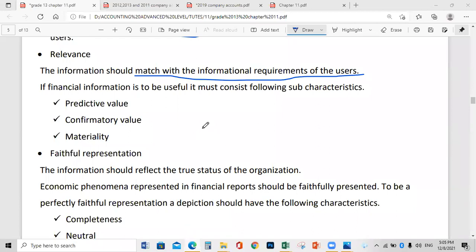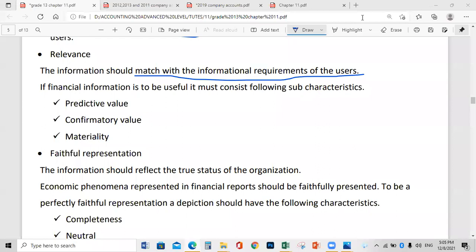Include it in your financial statement. Then only are you matching the informational requirements of the user. The user requires a particular piece of information. Users are stakeholders, so you should always try to match it.